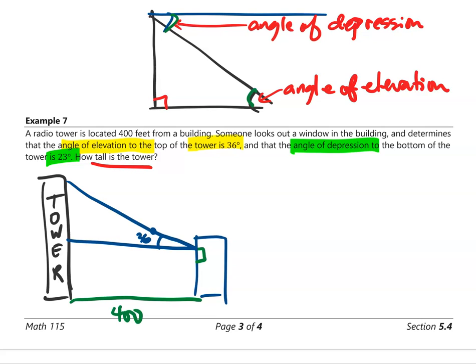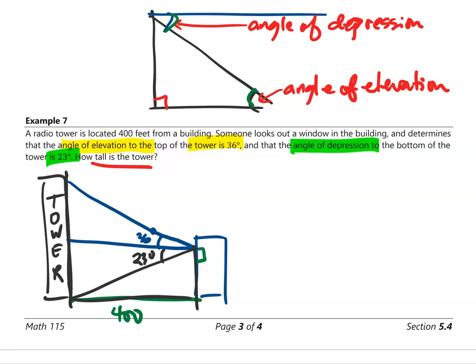And the angle of depression to the bottom of the tower is 23 degrees. So here, meaning this angle here is 23 degrees. So then we want to get how tall is the tower. So this is the height of the tower.